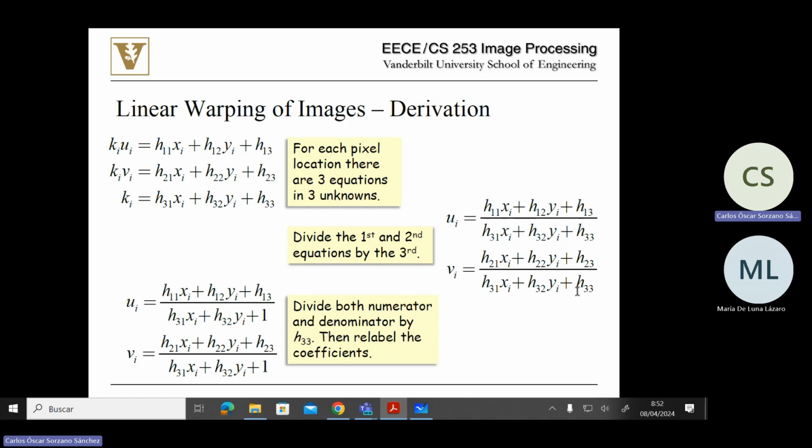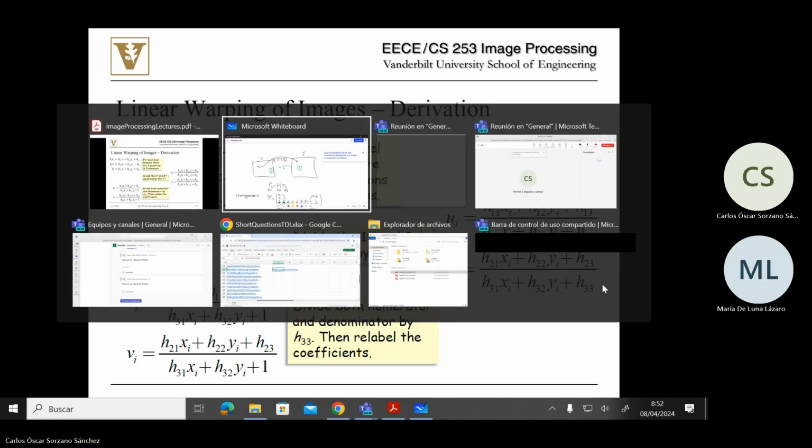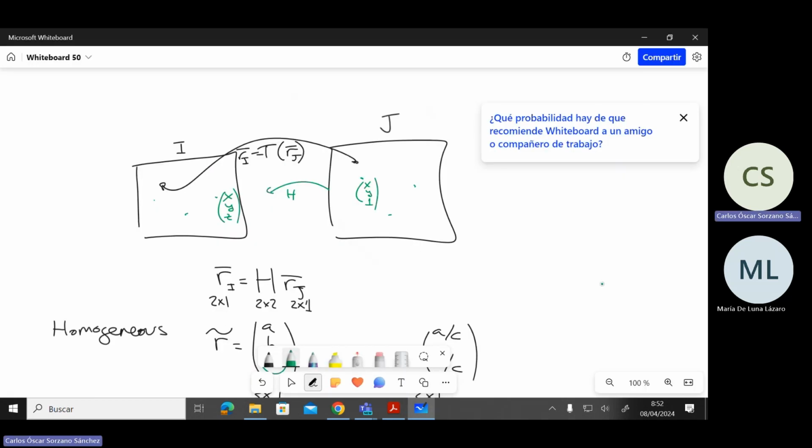And in the numerator, what you will have... if you do it on the whiteboard.